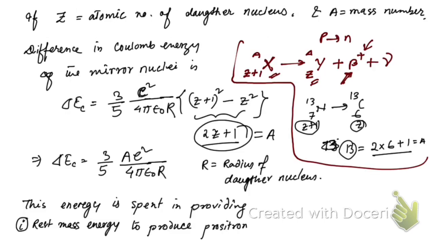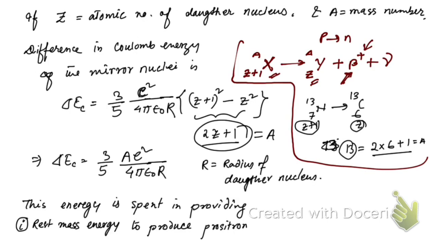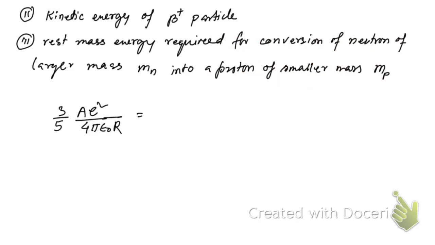So therefore we can write that this Coulomb energy difference is equal to the rest mass energy to produce the positron, let it be suppose m naught c square, and the kinetic energy of the beta particle, this positron, let me write it as KE of beta positive, and the rest mass energy required for conversion of a neutron of larger mass into a proton, which will be given by (Mn minus Mp) c square.